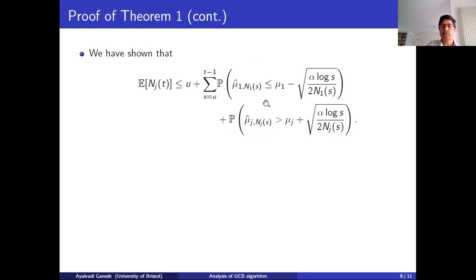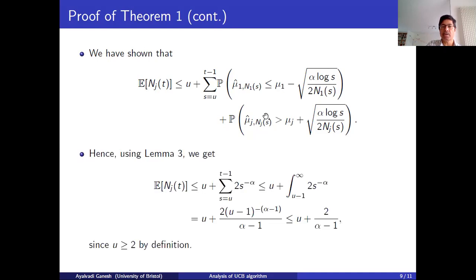And we have bounds on these two probabilities from lemma 3 via Hoeffding's inequality. So we get the expectation of NJT is bounded by U plus the sum from U to T minus 1 of 2 times S to the minus alpha. And then in turn, I can bound this sum by an integral. They are approximately the same.